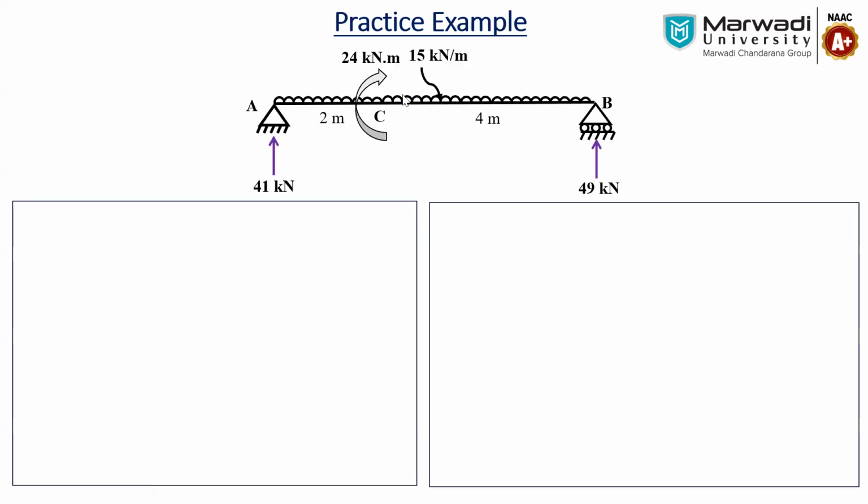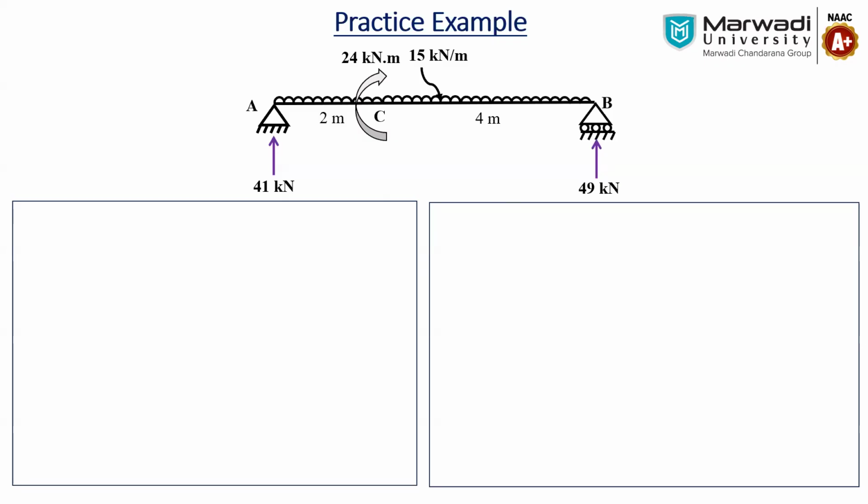If you can see over here, the reactions are shown. The left hand side is 41 kilonewton, while the right hand side is 49 kilonewton. So the first step is to write the equation of Mx, which is the most important step.